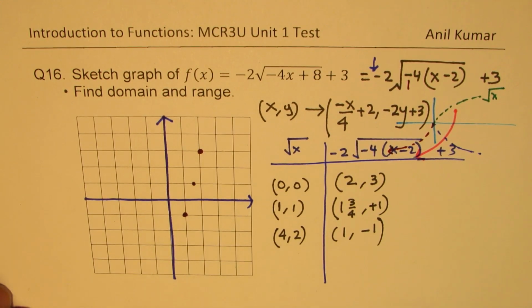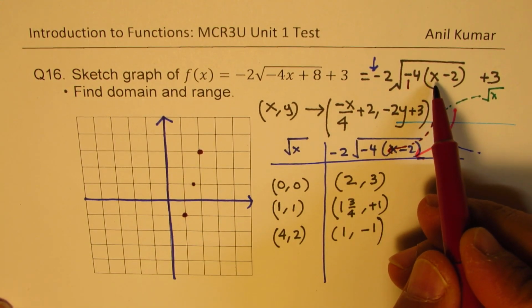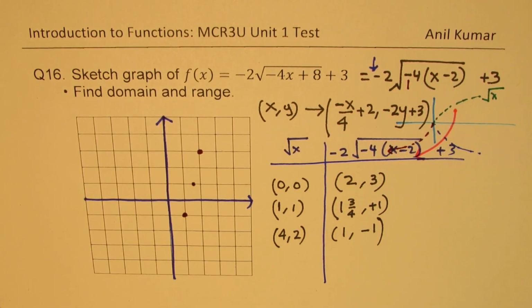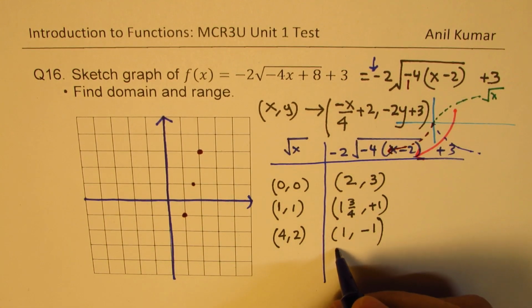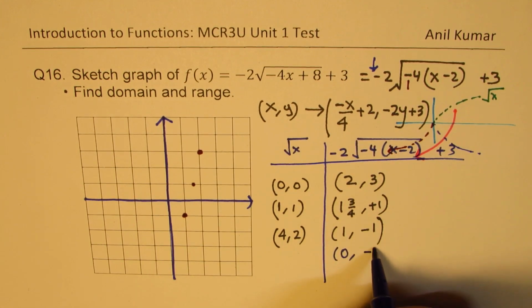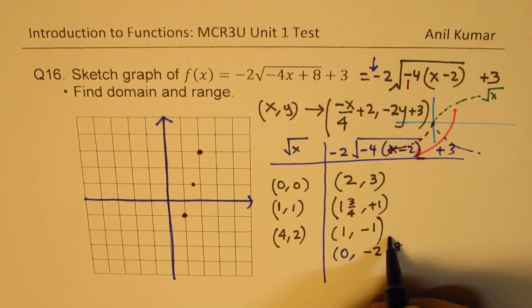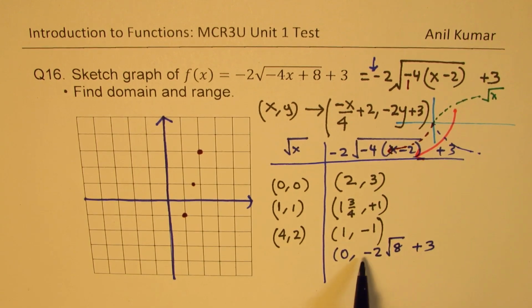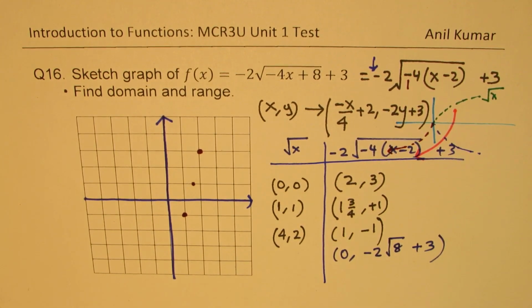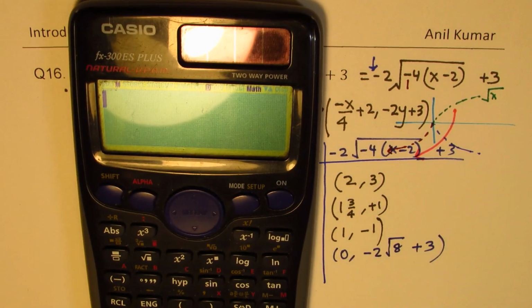Now, you could actually, from the function also, write this as 0 and then figure out a point, right? So if I'm just substituting 0 here, so if I write x as 0, in that case, we have -2 square root of 8 plus 3, right? So definitely a big negative number. So since this is an approximate number, let's get an idea of this number. It is basically 3 minus 2 square root 8, right?